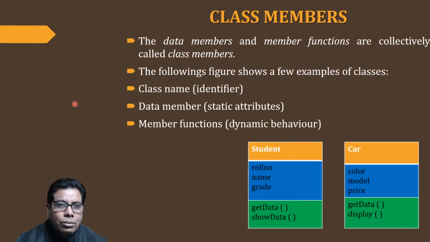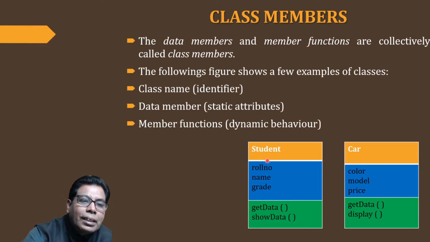Then let us go to the next thing, that is the class members. So the members of the class, they are the data members and member functions or methods. So they are collectively called the class members. As you can see here we have 2 classes.